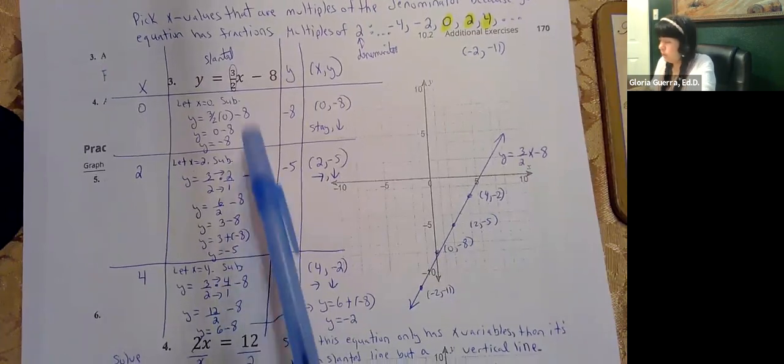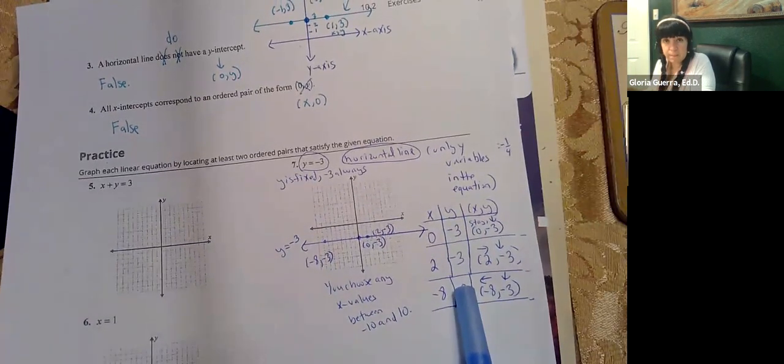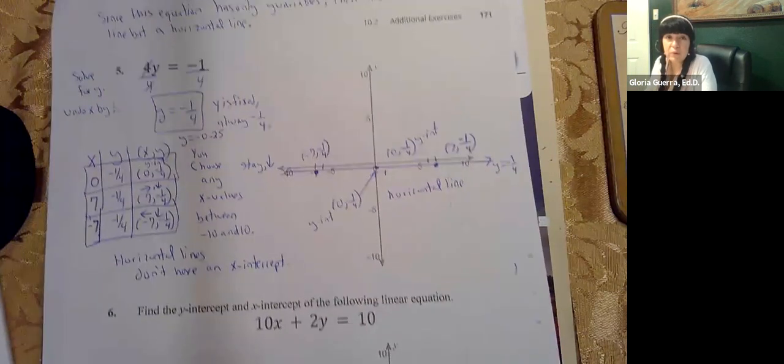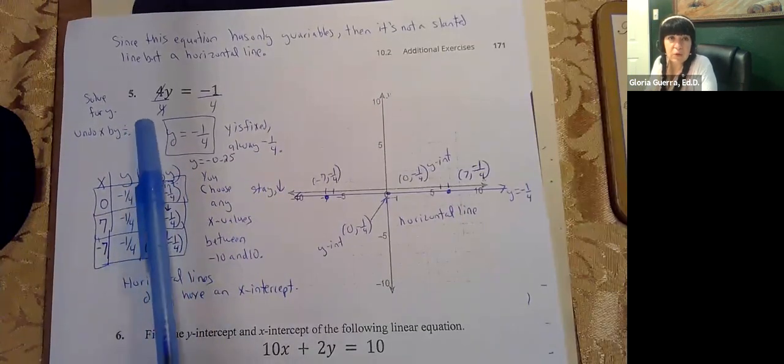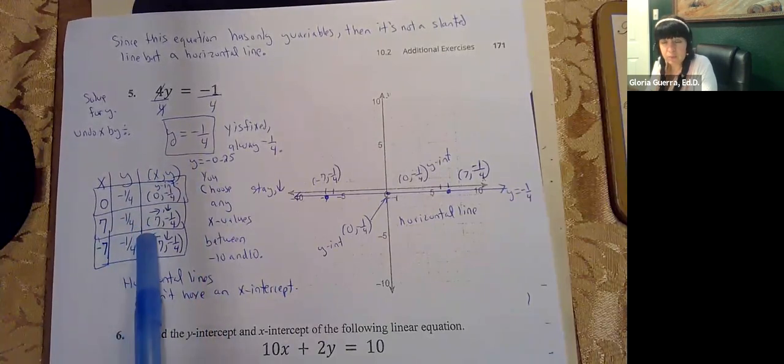This one, you don't have any algebra. You just have to make sure you put -3 in the correct column for y. Whereas here you had a little bit of algebra. You just have to solve for y and divide by 4. But then you have to remember to use the correct table. I call this a generic table for that. Okay.